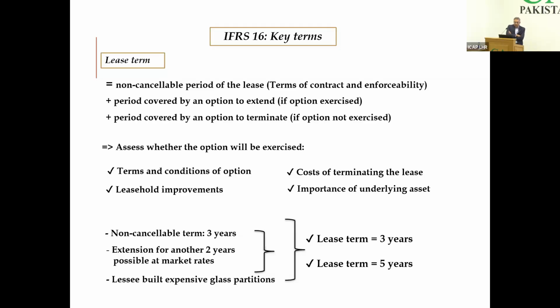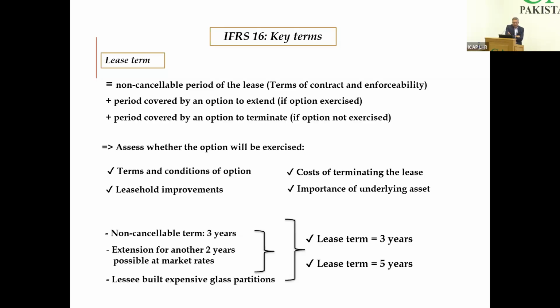There is a question in the chat box, sir: what if there is an obligation to use an asset? Will it be a lease? For example, government leases out an asset as subsidy to a company with an obligation to use that asset. Basically, these types of contracts are normally BOT arrangements, and they will be covered under IFRIC 12, not under IFRS 16.